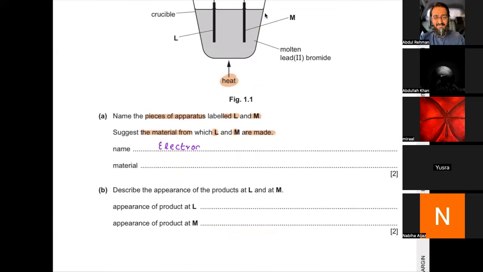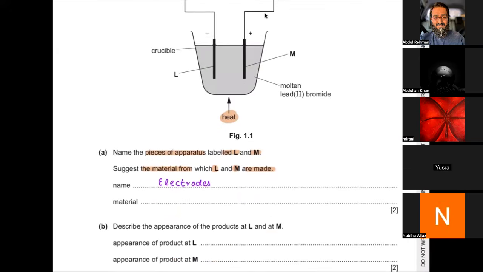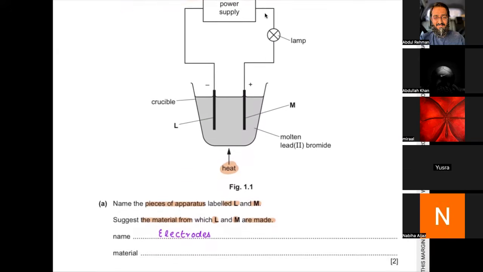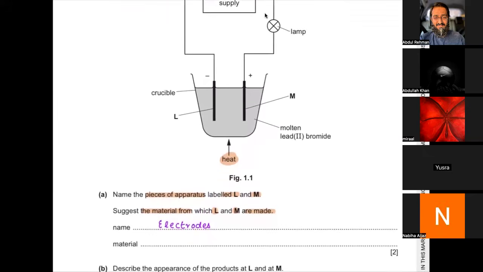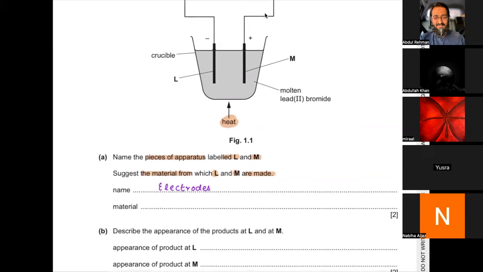Now you have to name the material. Usually when we are doing molten electrolysis, we use inert electrodes, and the inert electrodes are made from platinum. Very good, Nabiha. Usually it can be made from platinum or from graphite, which is carbon.